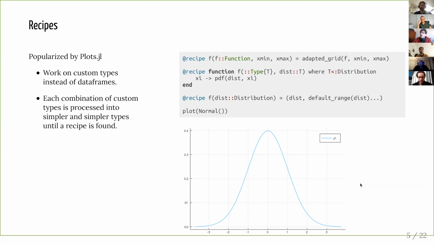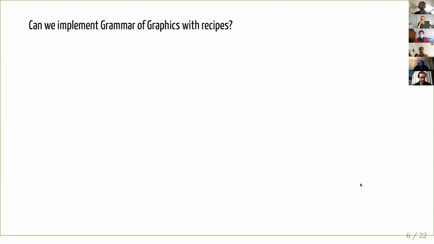And this is all very nice and allows for a lot of interesting stuff, but it's quite different from ggplot. And so my curiosity, which is basically the key idea of StatsMakie, is: can we choose smartly a set of custom types and use them so that the syntax will look like ggplot?